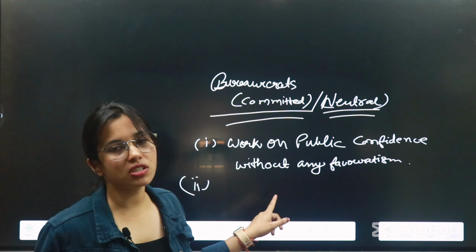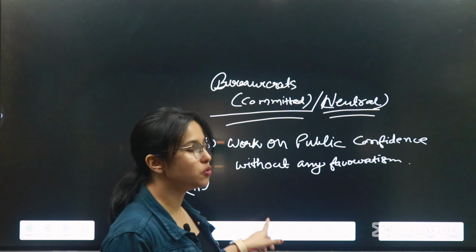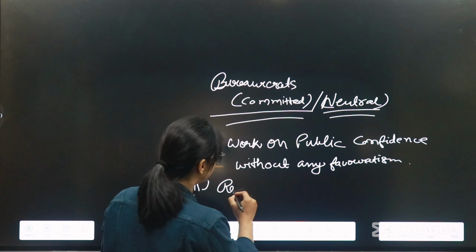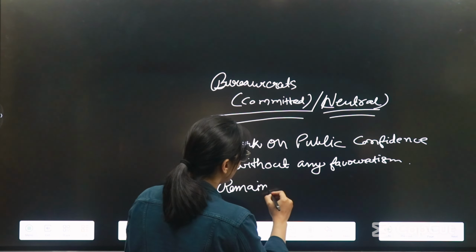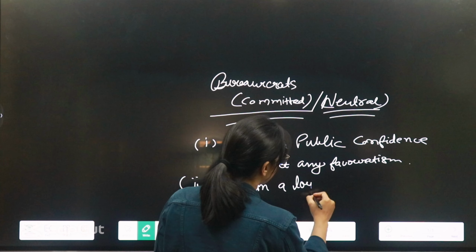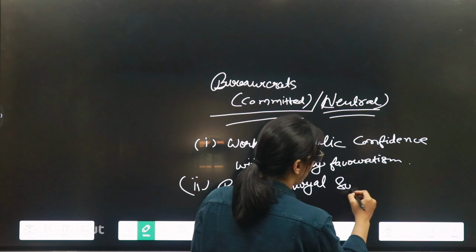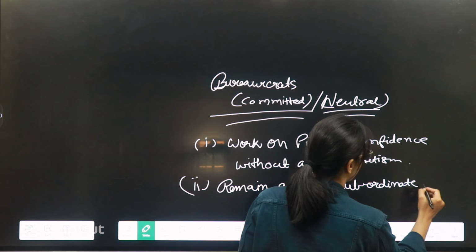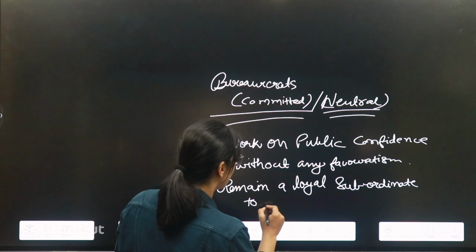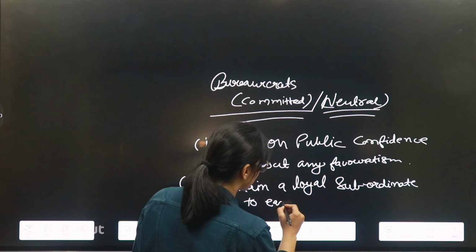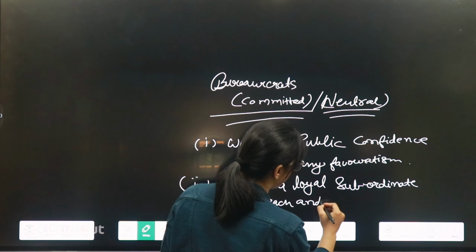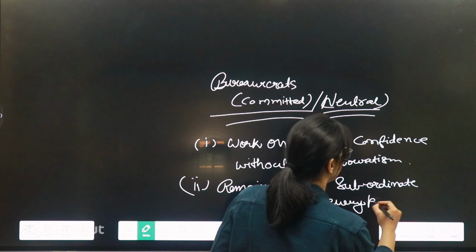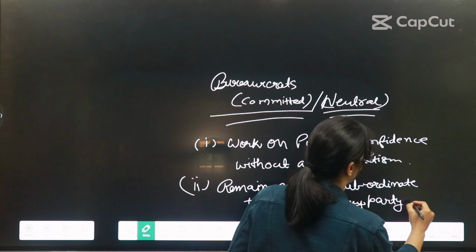So the second most important feature of a politically neutral bureaucrat is that they should remain a loyal subordinate to each and every party government.